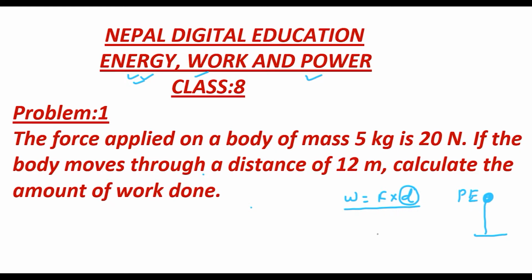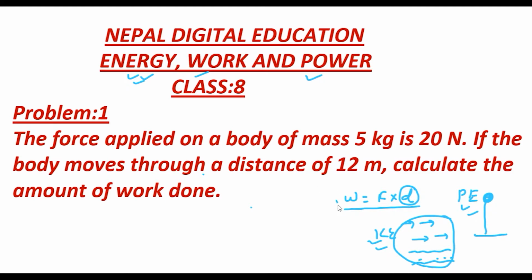Suppose a bird is flying in the sky, or water is running in the river, in this case the energy possessed is kinetic energy. So when a body is in motion, it possesses kinetic energy. When it is at rest, then the body possesses potential energy.